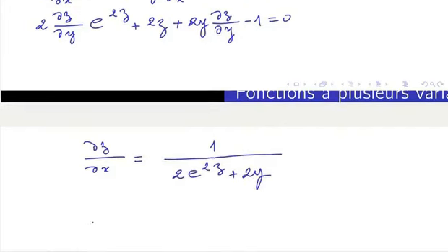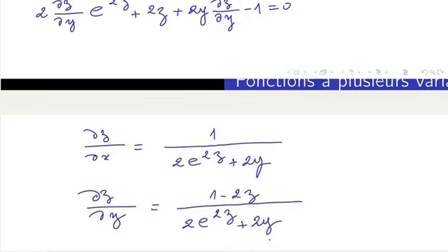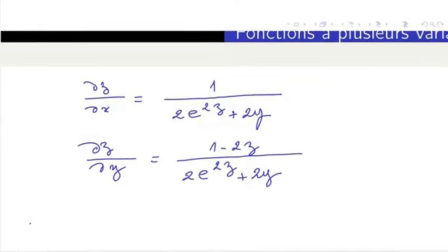And from the second equation, we derive the derivative of z with respect to y, equal to, now be careful, 1 minus 2z over exponential of z plus 2y. So there you have it for the partial derivatives.